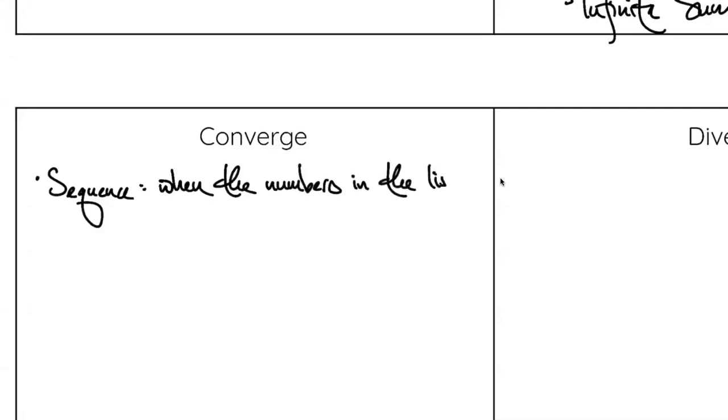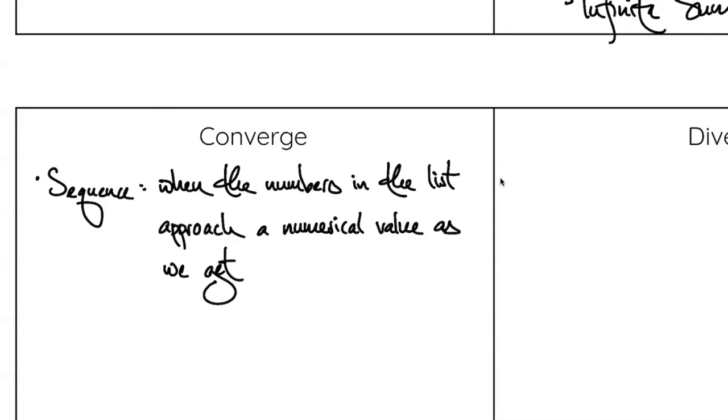So if we are looking at a sequence here, okay, a sequence converges when the numbers in the list approach a numerical value as we get to, I'm going to put this in quotes, the end of the sequence.